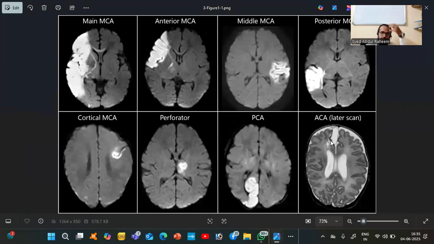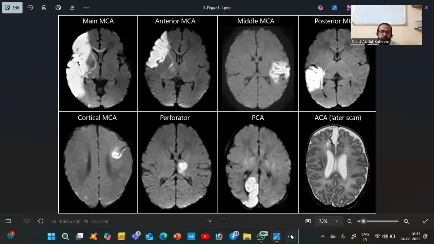So ACA is front, posterior is the backside, either right or left, where it can be affected and symptoms may develop. So it is very, very important. So the doctor will do the scan to understand which area is affected, as the patients have similar symptoms.